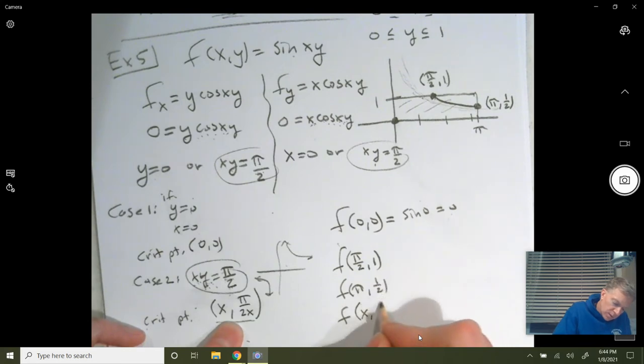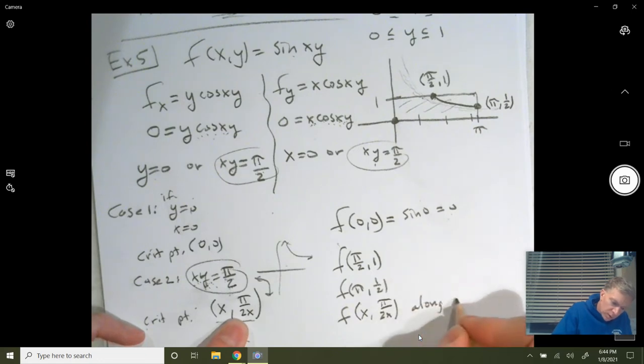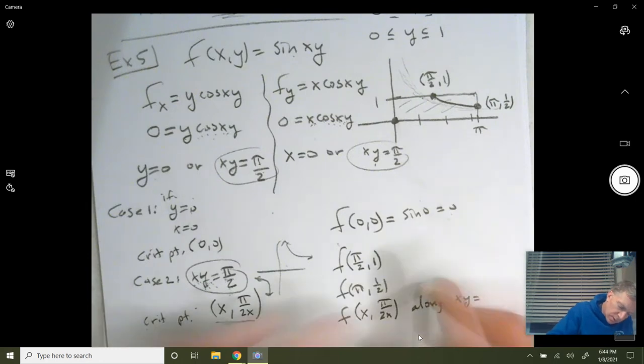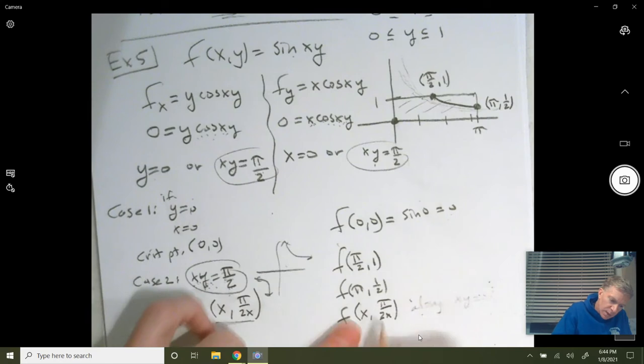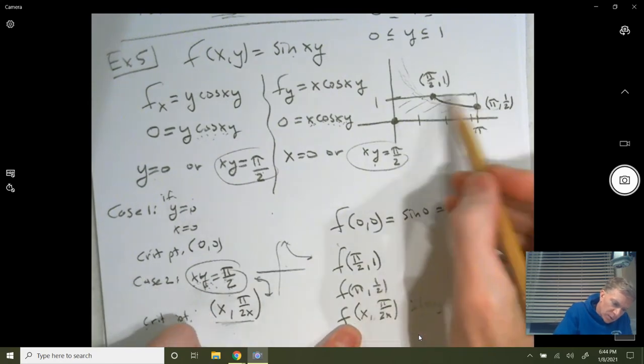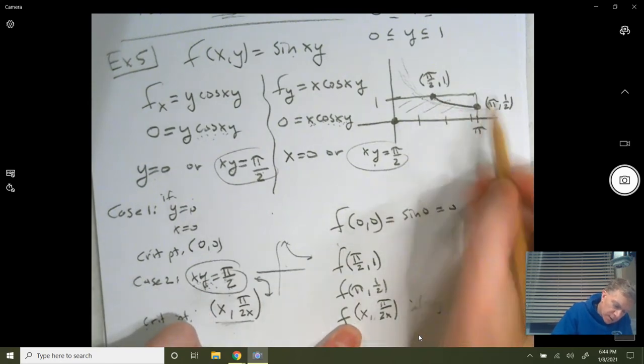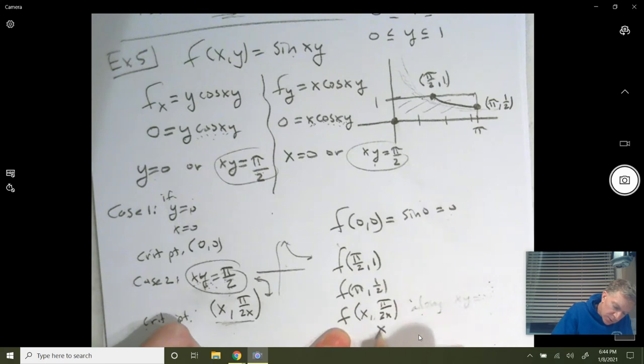Okay, so that would be f of x comma pi over 2x, and that's along the curve xy equals pi over 2. On the interval, x goes from pi over 2 to pi, so x is between pi over 2 and pi.